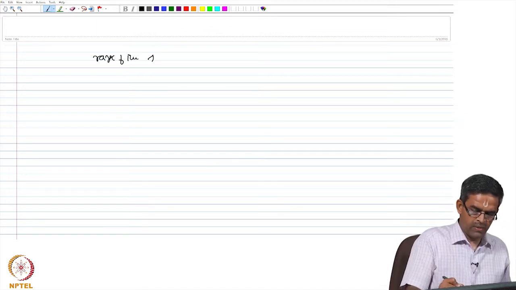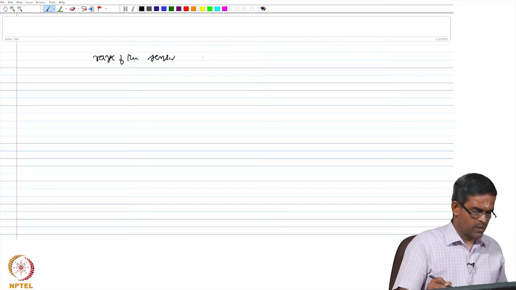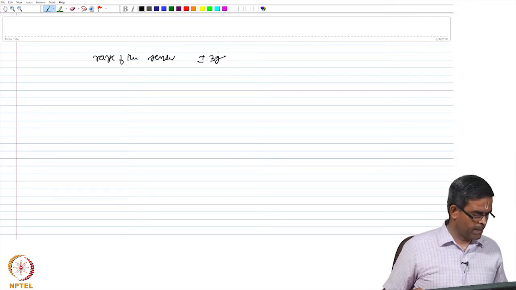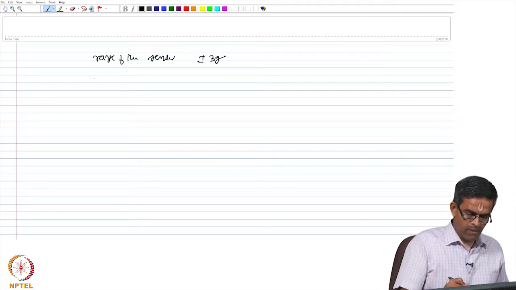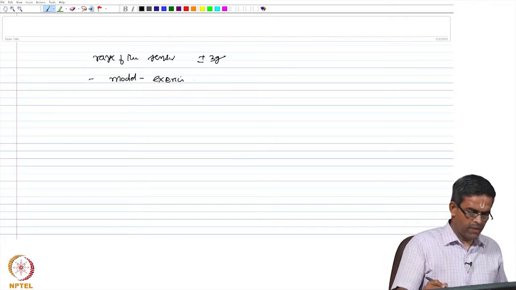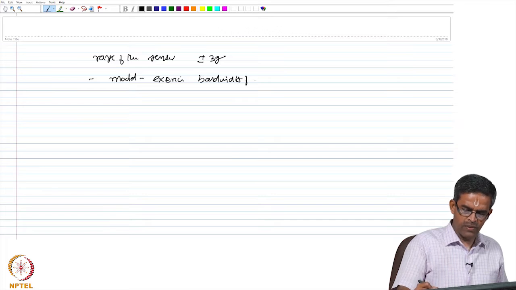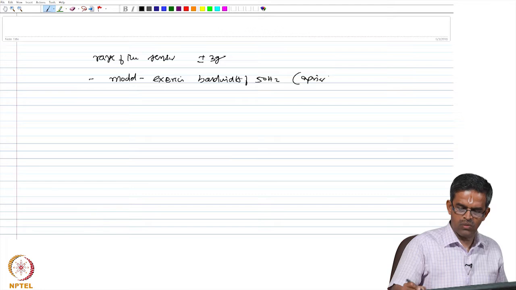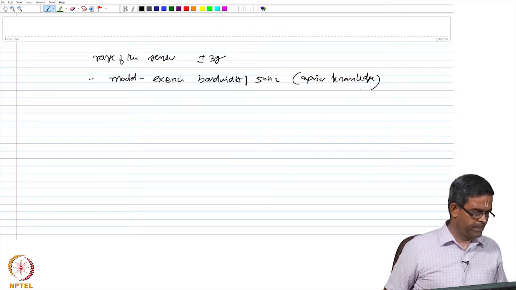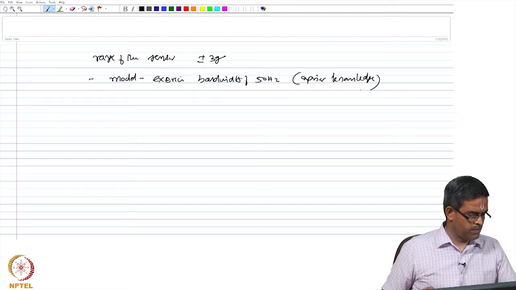The range of the sensor is plus or minus 3 G. Of course, the model is going to exercise a bandwidth of about 50 hertz. So, that is a priori knowledge which is known from the analytical studies conducted earlier. Okay.